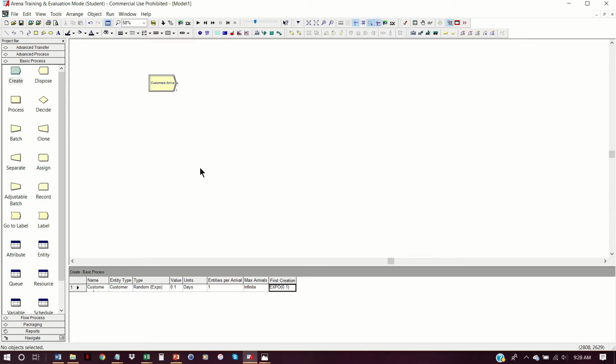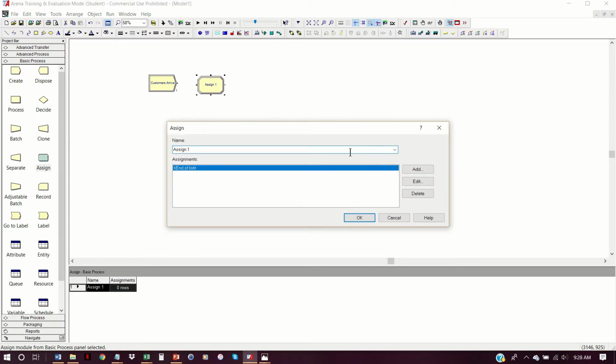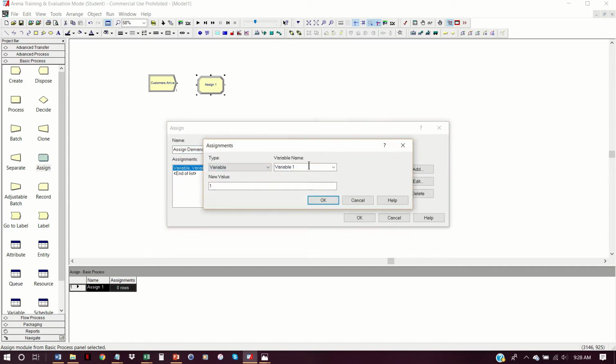And then each customer places their order of 1, 2, 3, or 4 widgets with certain probability. So we can go ahead and create an assign module. There are other ways to assign this demand, but we're just going to use the simplest way, the way that we already know how to do. So demand, this is an attribute. Let's call this demand. And so our new value, I'm just going to type out the function. It's a discrete probability function. And so when we're inputting a discrete function into Arena, we're going to use the cumulative probabilities.